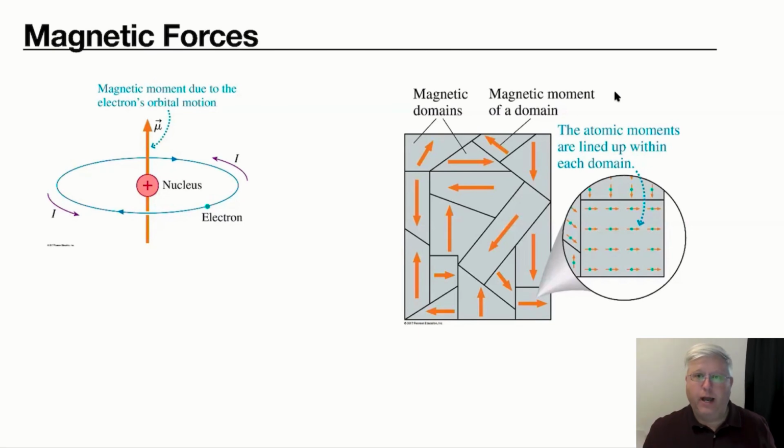And so if we have a charge that's moving, which we know the electron does in the atom, then we have a magnetic field. And so the electron itself basically behaves like a magnetic dipole. And what we call it is the magnetic moment. We say that the electron has a magnetic moment.